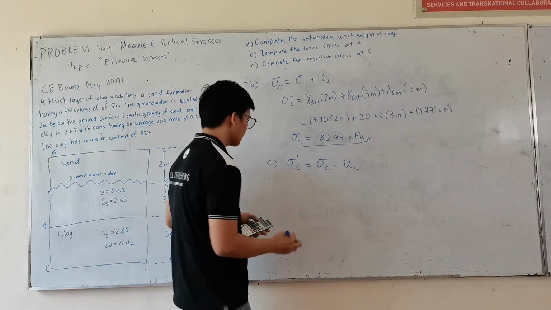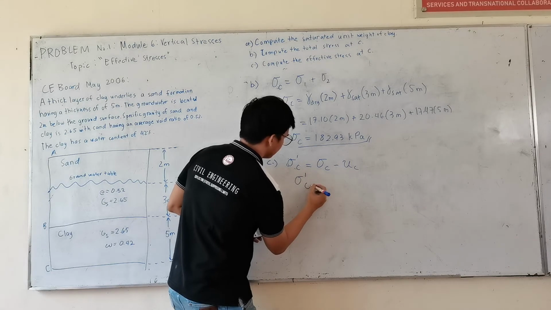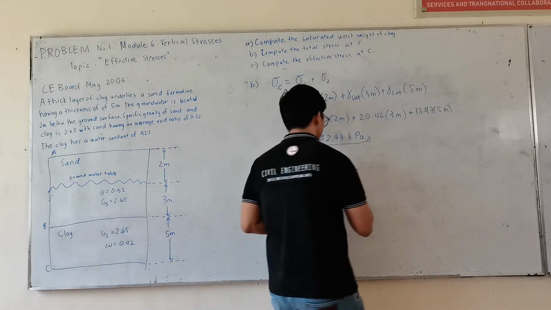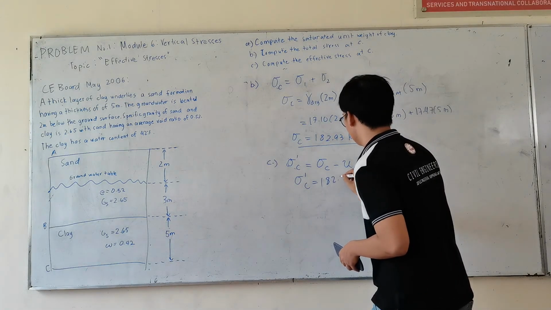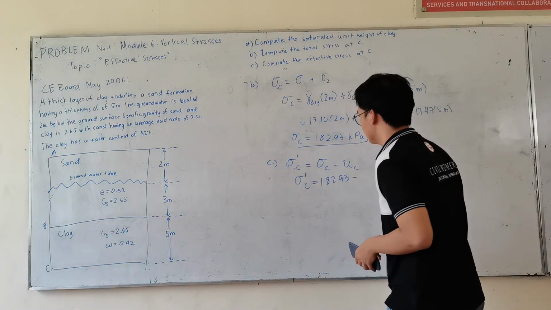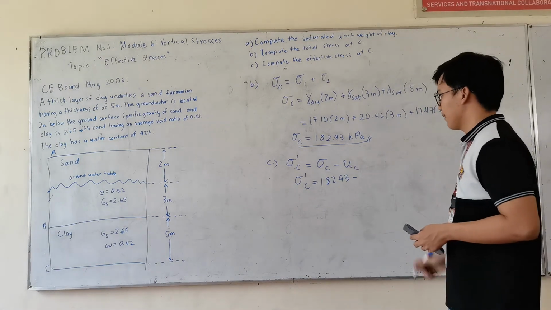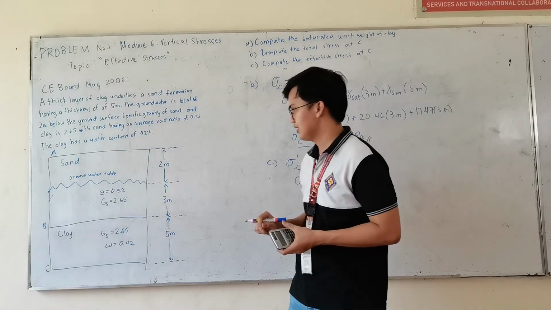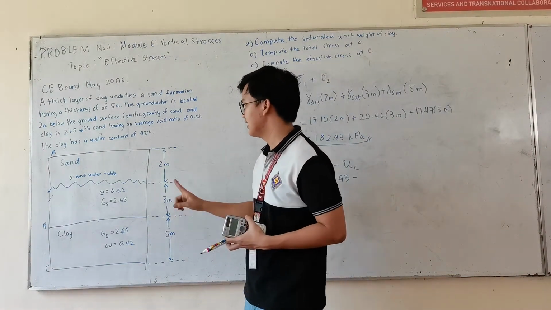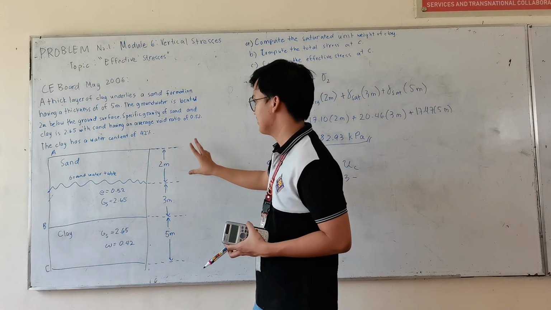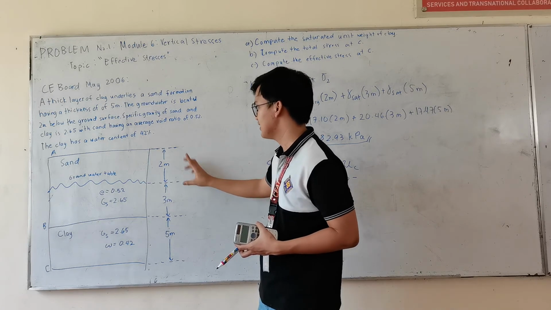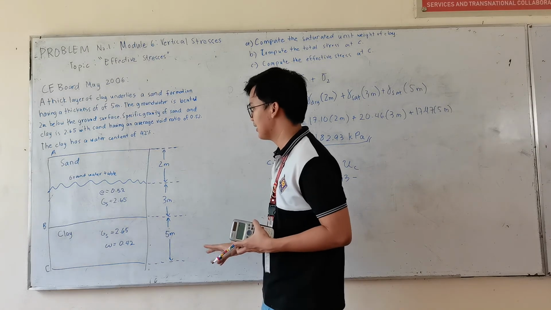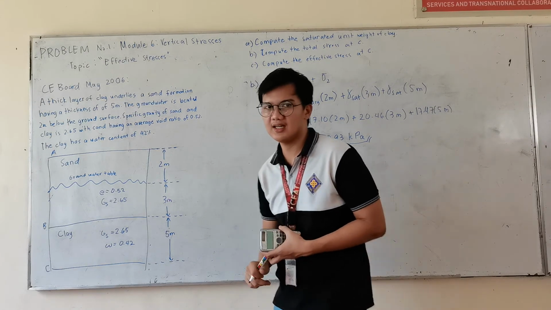So, meron tayong total stress na 182.93 minus, paano pa natin makukuha yung pore stress sa ating lupa? Take note na yung groundwater table natin is 2 meters below the point A. So, ibig sabihin, 10 minus 2 meters, 8 meters ang height.